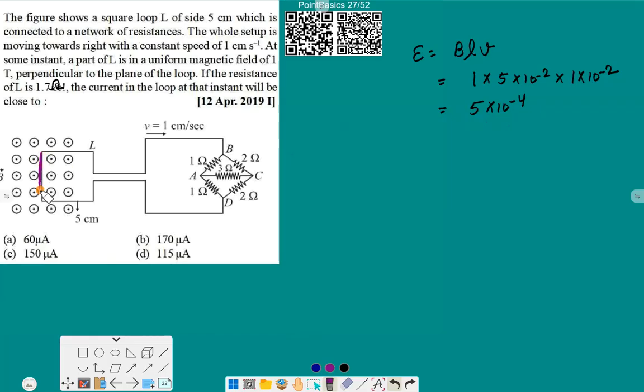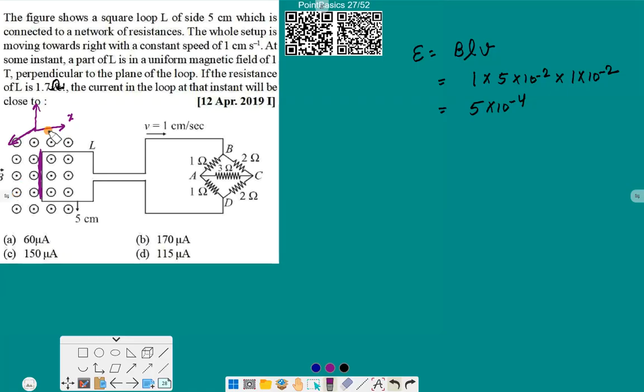Only in this part EMF will be induced, as for EMF to be induced, length, velocity and magnetic field should be perpendicular to each other. Here the magnetic field is out of the plane, length we can say is in the y direction or negative y direction depending upon the direction of the flow of the current, and velocity is in the x direction.